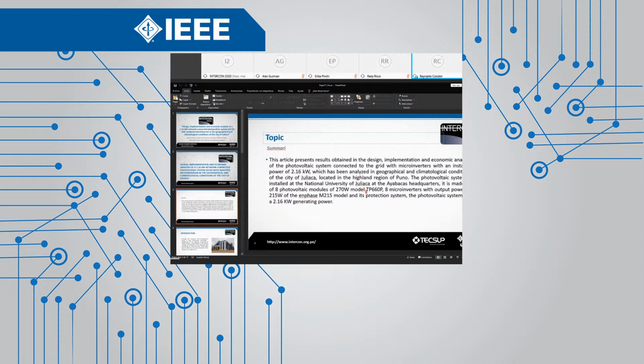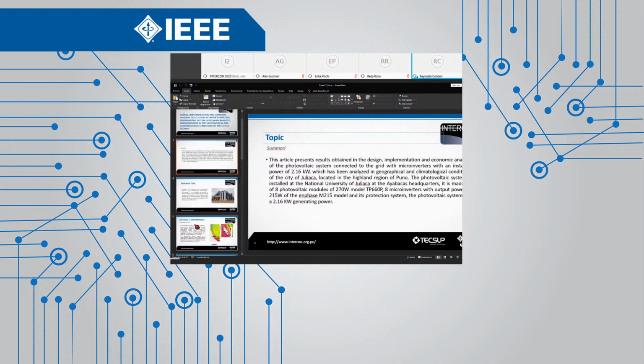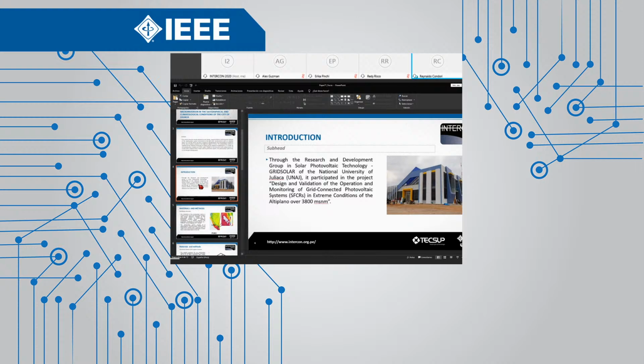The photovoltaic system has 2.16 kilowatts of generating power.